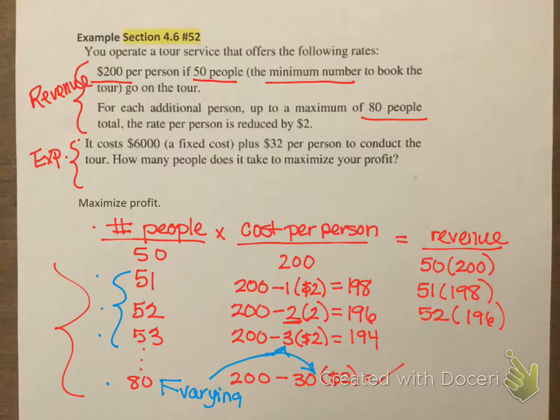That means it doesn't change whether 50 people go on the tour or 80 people go on the tour, plus $32 per person to conduct the tour.